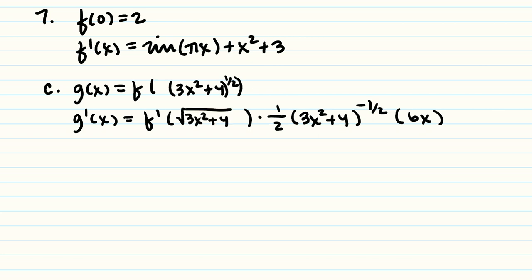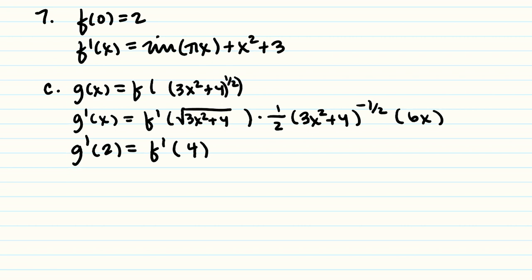And that's an equation for g prime of x. It's pretty rough, but that's what it is. So g prime of 2 equals f prime of, and I'm actually going to put in 2, so that's 3 times 4 is 12 plus 4 is 16. Square root of that is 4.